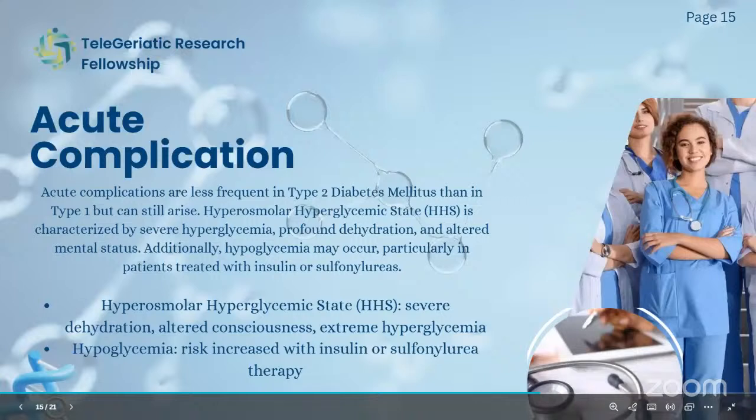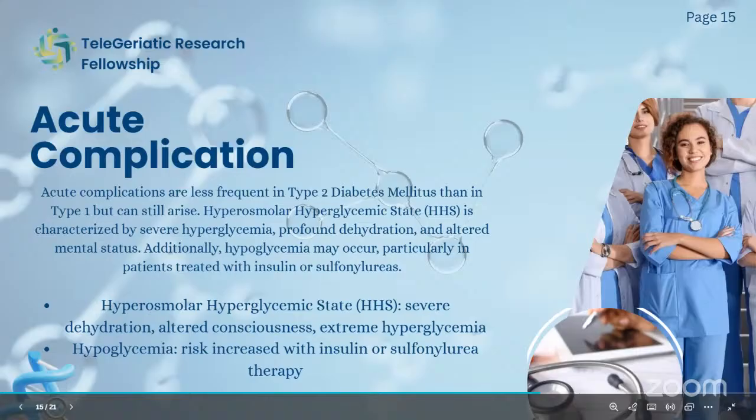Okay, I will talk about the acute complications. Acute complications are less frequent in type 2 diabetes mellitus than in type 1, but can still arise. This includes hyperosmolar hyperglycemic state, which is characterized by severe hyperglycemia, profound dehydration, and altered mental status.